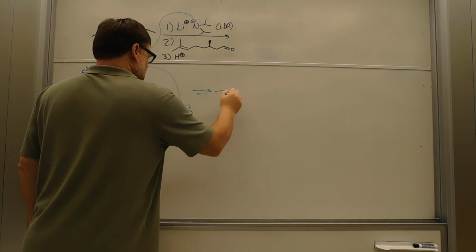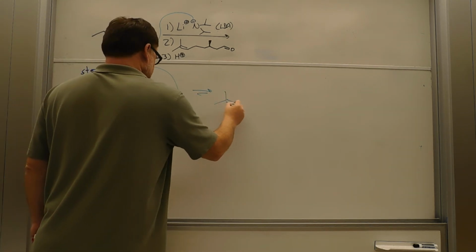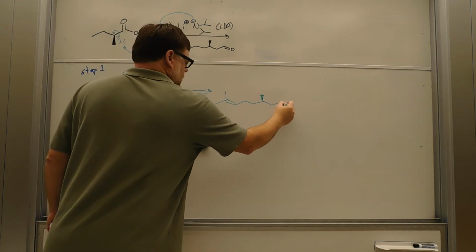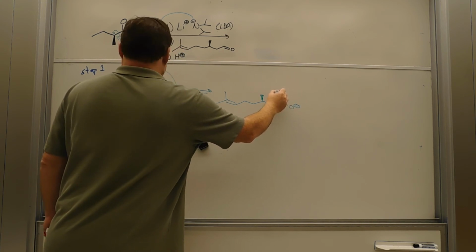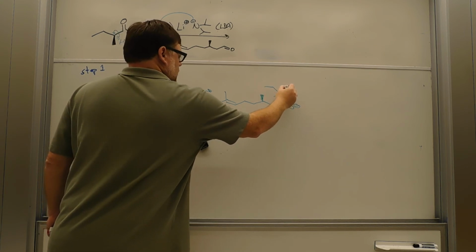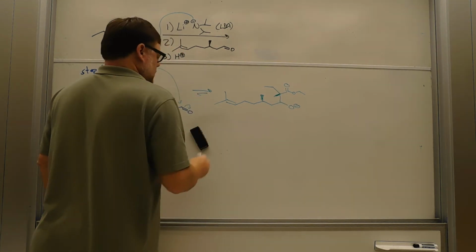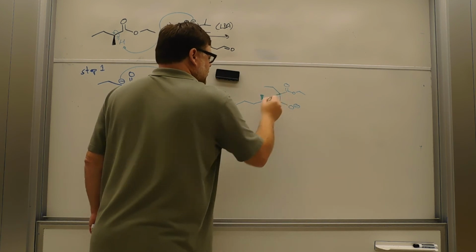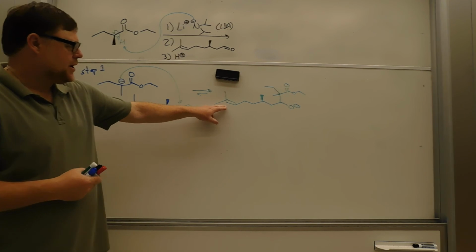So let me draw, let's start with the... that looks like I drew a wedge, sorry. All right, now we have 3 stereocenters in this molecule. The alkene has no stereochemistry.